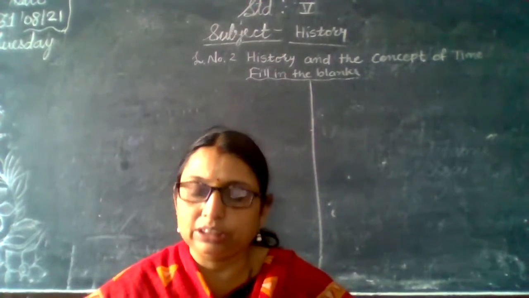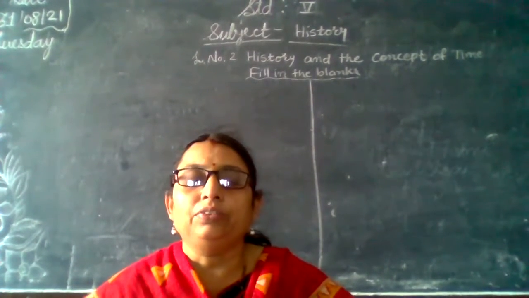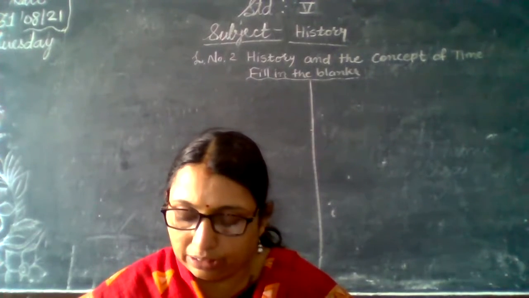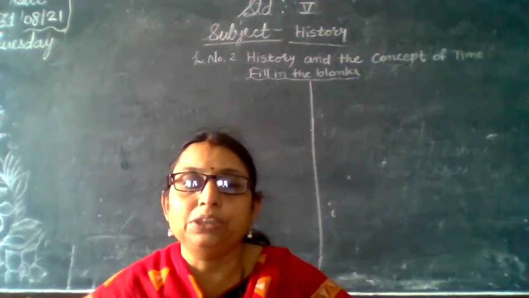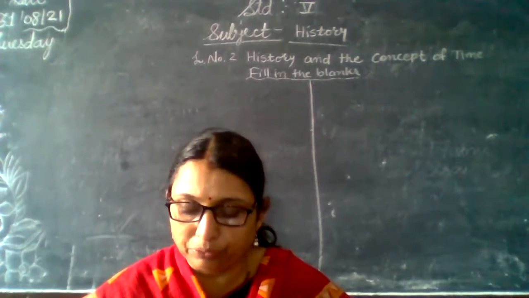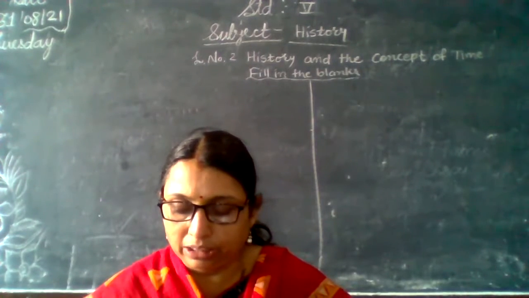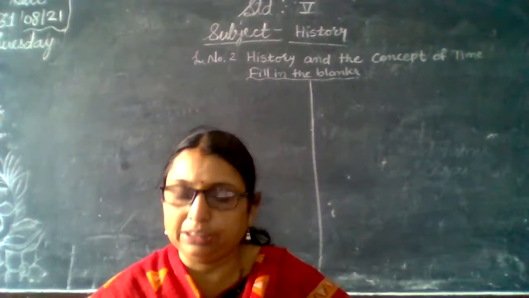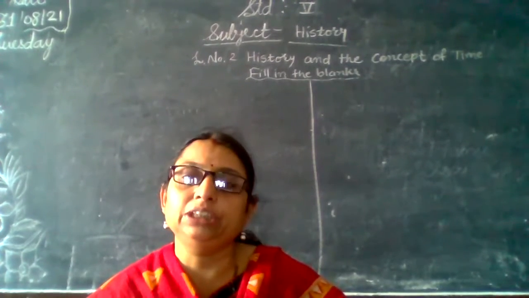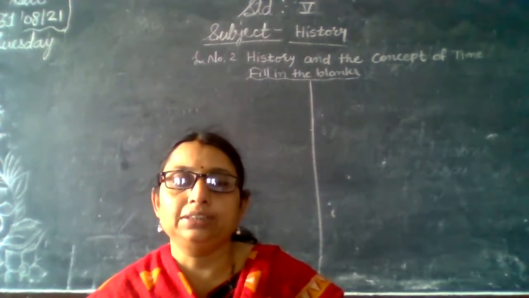CE means Common Era or Christian Era. The Christian Era began in memory of Jesus Christ. The events that took place before the beginning of the era are denoted by BC. BC means before Christ.